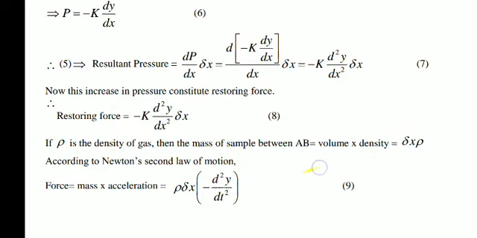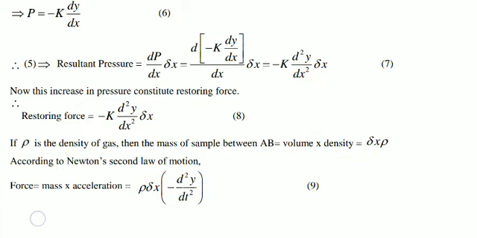So according to Newton's second law of motion, force is equal to mass into acceleration. So instead of mass, we have to write rho into delta x, and acceleration is nothing but d2y by dt square. Why with negative sign again? Because in case of simple harmonic motion, the acceleration is always directed towards the mean position.